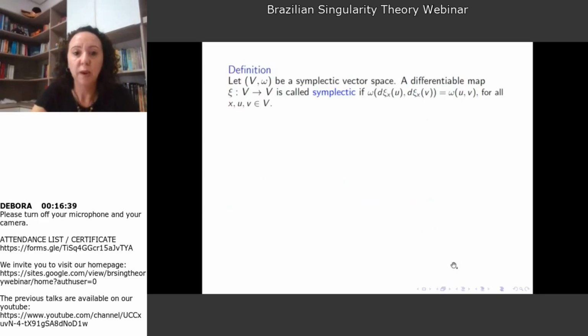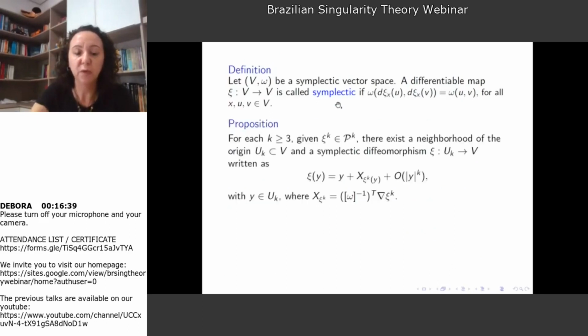And when you consider symplectic diffeomorphisms, in order to preserve the structure, what is a symplectic diffeomorphism? A symplectic map is, we put again the definition of symplectic map.